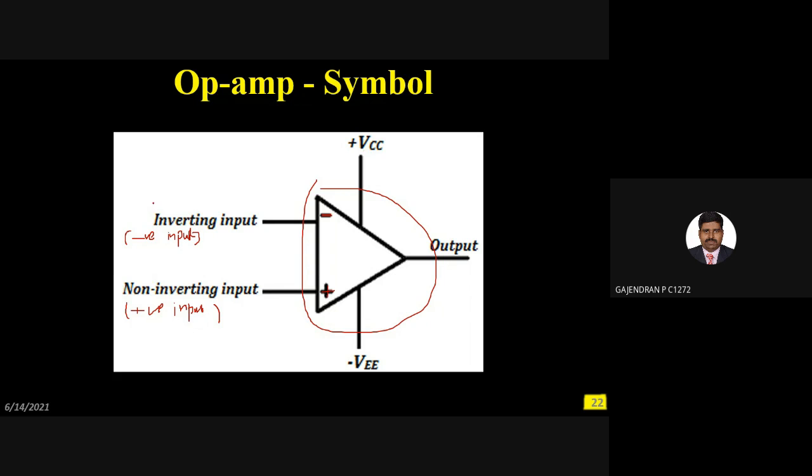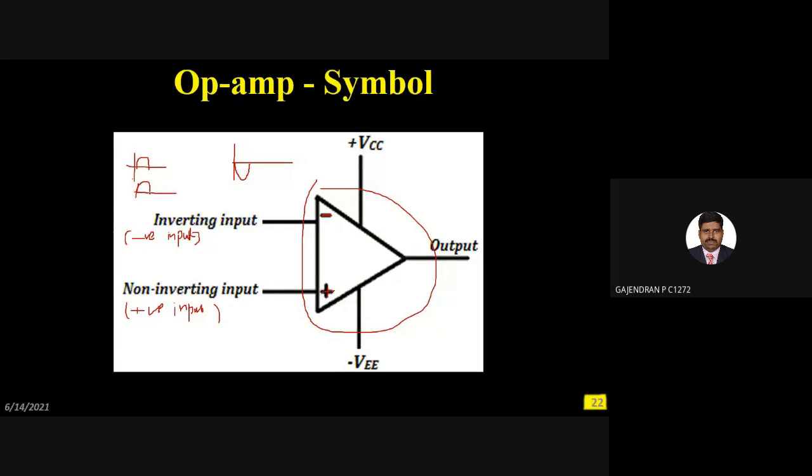What about an inverting amplifier? If the input is a positive going signal, what will be the output of an inverting amplifier? 180 degree phase shift. So it will be like this. This is for an inverting amplifier. What about a non-inverting amplifier?